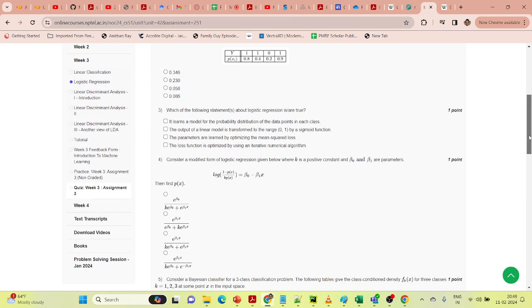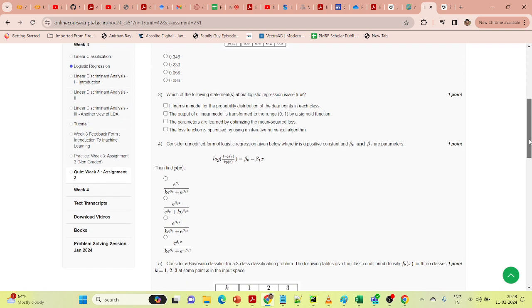Question number 4 is done. Now question number 3. It learns a model. Which of the following are true about logistic regression?